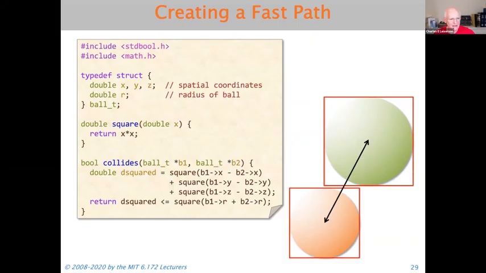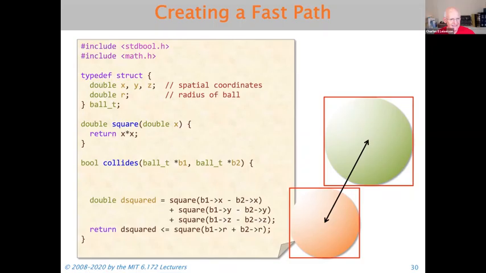Because a bounding box doesn't require any calculation to see whether or not that's just one of the coordinates. So let me just show you the code here.